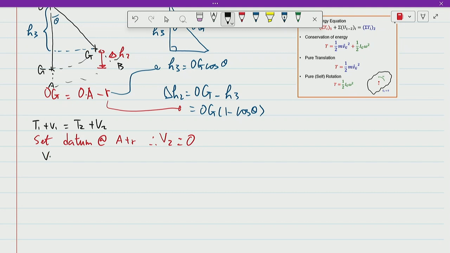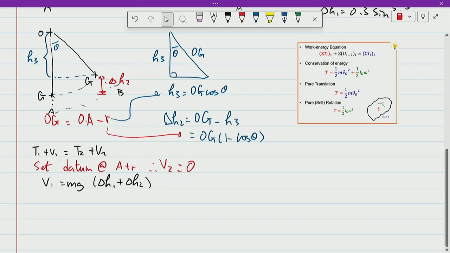Now, we still have to come up with the initial potential energy, which is mg times delta H1 plus delta H2. We don't have to include delta H3 here. It's just for us to find delta H2.